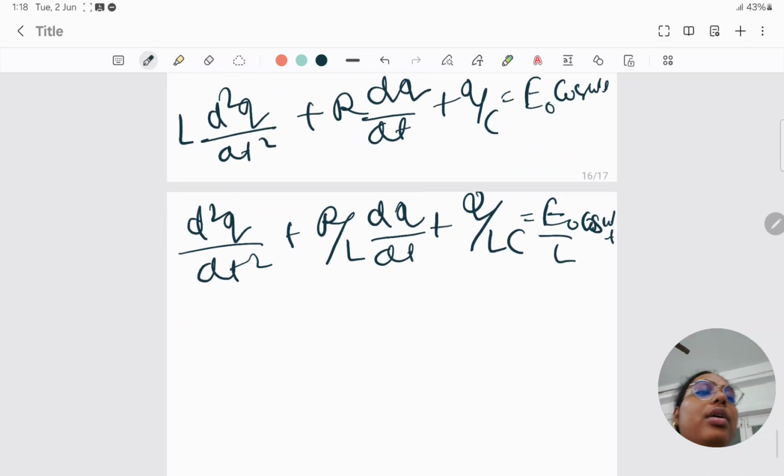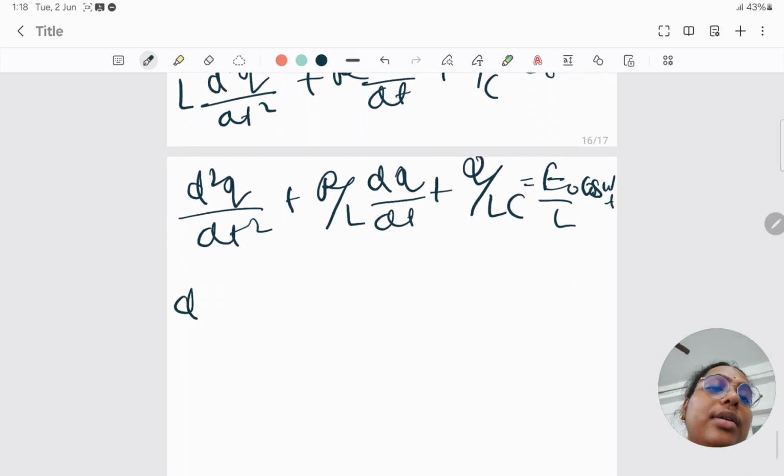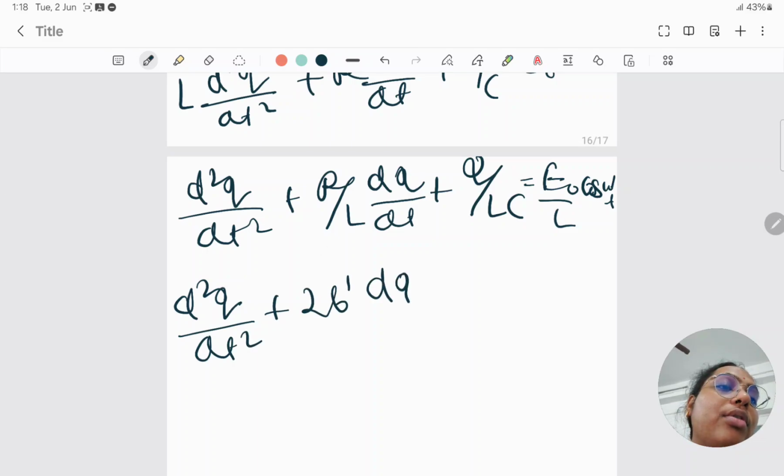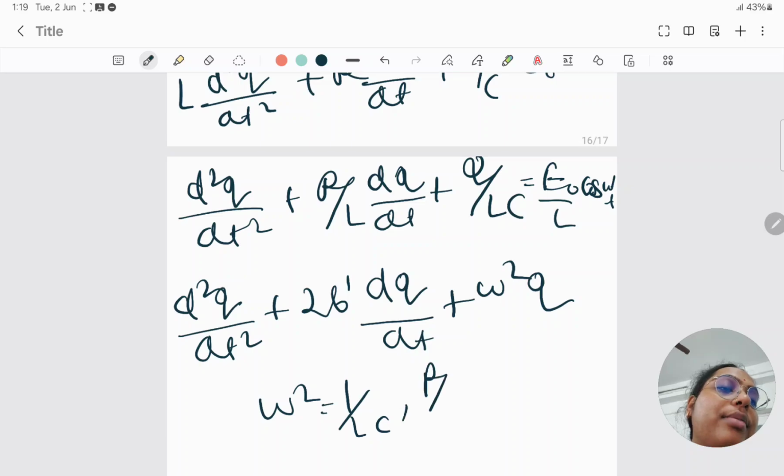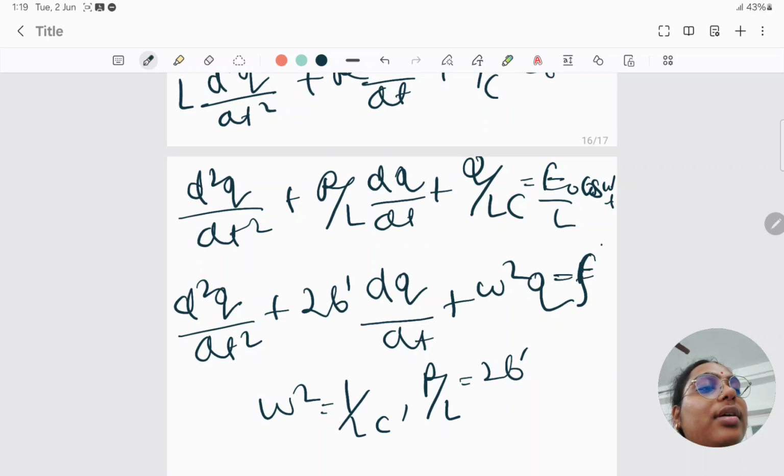So now you can write it as d2q by dt square plus 2b dash dq by dt, where R by L is 2b dash and b is the damping constant, plus omega square q, where omega square is 1 by LC, equals E naught by L, which you can write as f dash cos omega dash t.